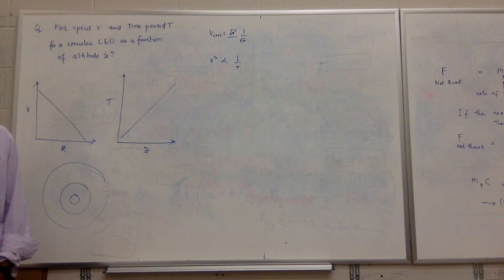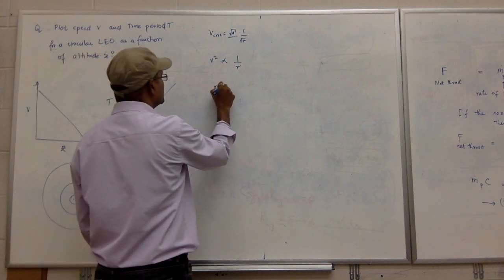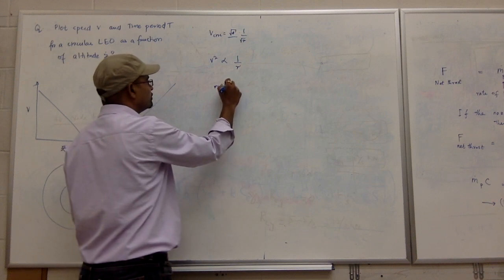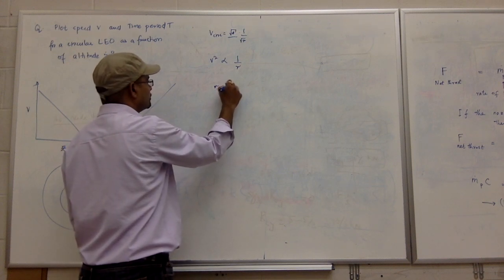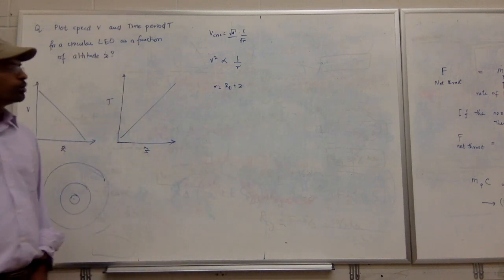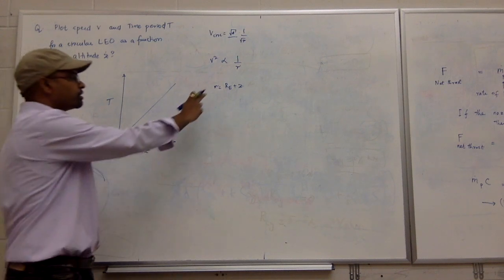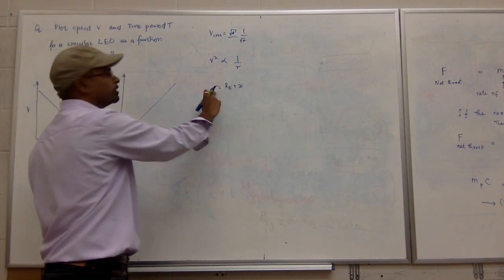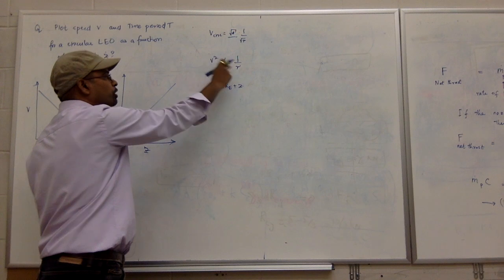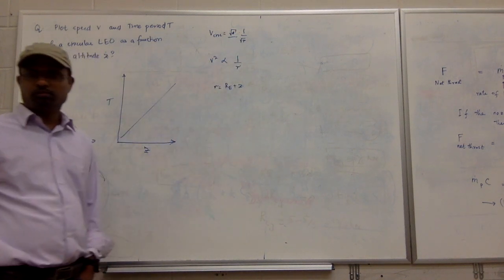You see that? So r is what? Your altitude plus RE. This will always be constant, right? So if this increases, this increases, this increases. If this increases, what happens to this? Decreases. You see? Okay.